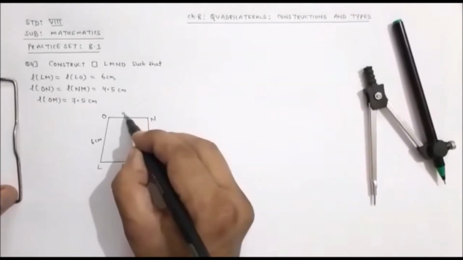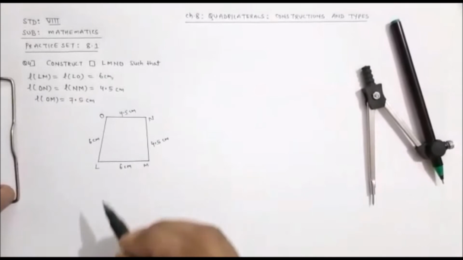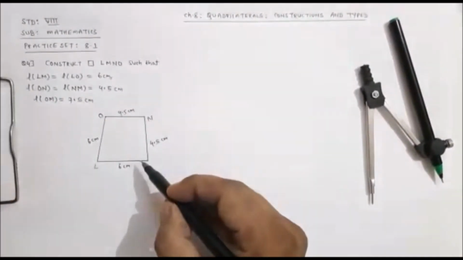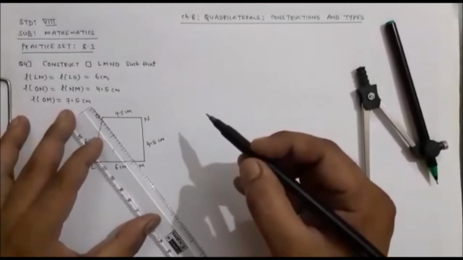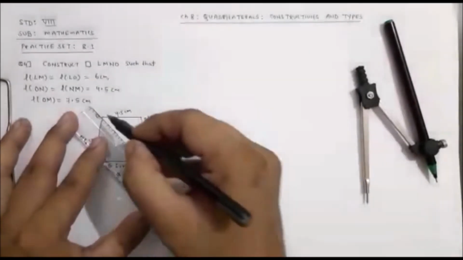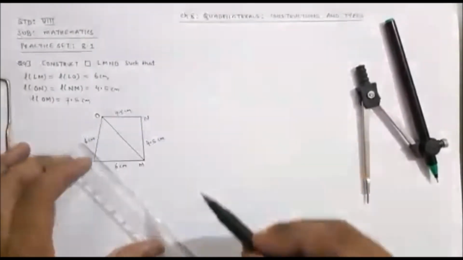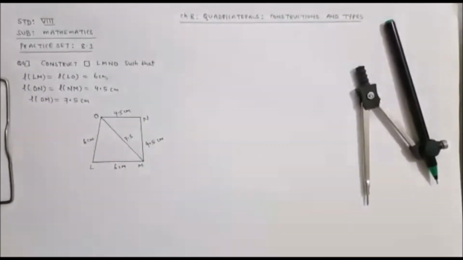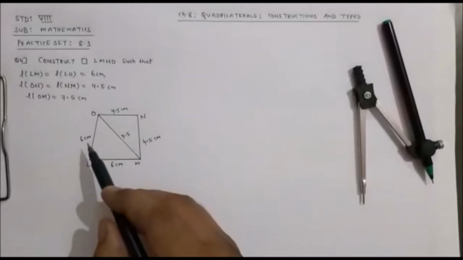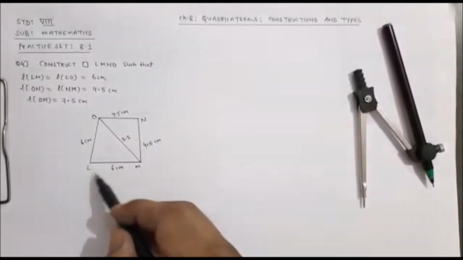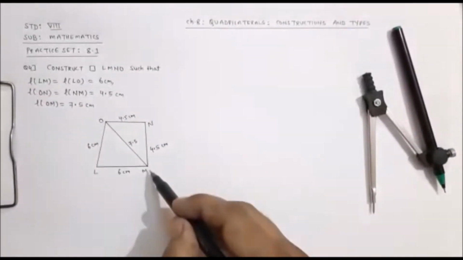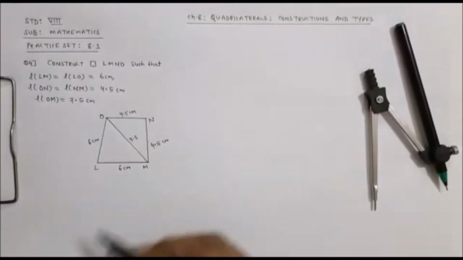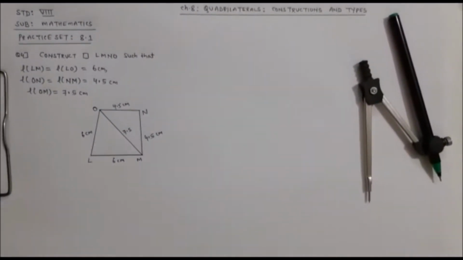This is also 4.5 cm, and it's given that length of OM, O to M, one diagonal is given. Okay, and this is given 7.5 cm. So see children, here we can see that all 4 sides are given and one diagonal is given. So we have to construct this quadrilateral. Okay, so let's start with that. We go for the actual construction.